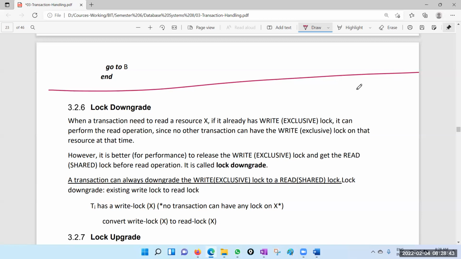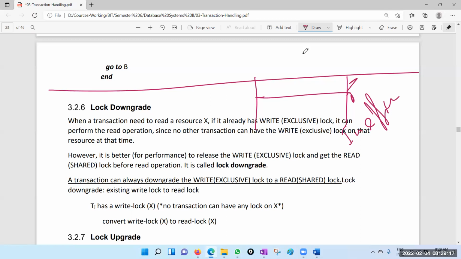If you wait until your transaction is rolled back or committed, it creates some inefficiency, because until you do all the stuff, you are not releasing it, and other transactions are waiting to get the lock. So there are situations where you may downgrade a lock or upgrade a lock.